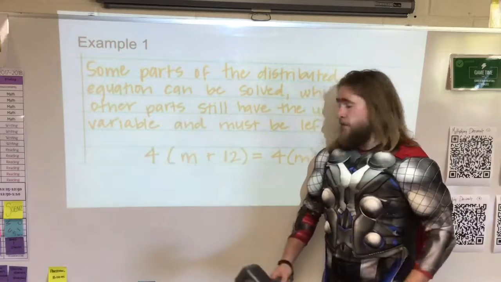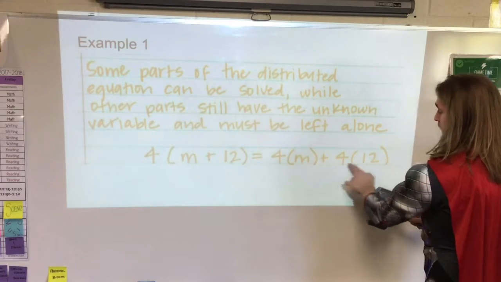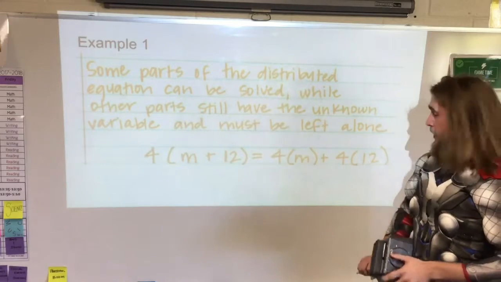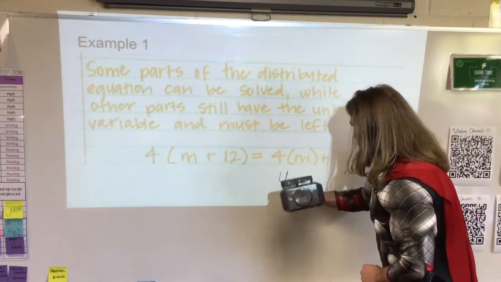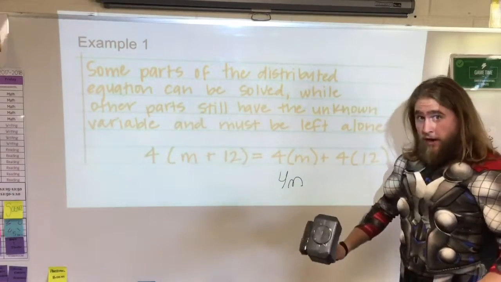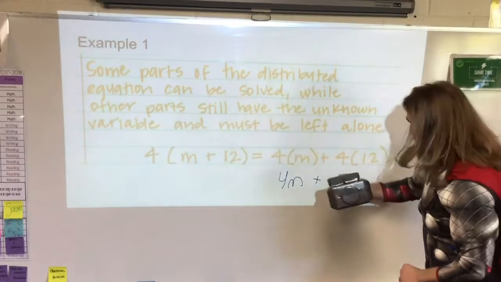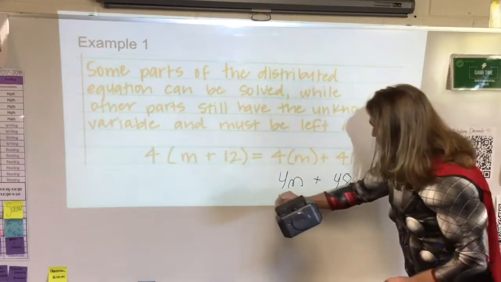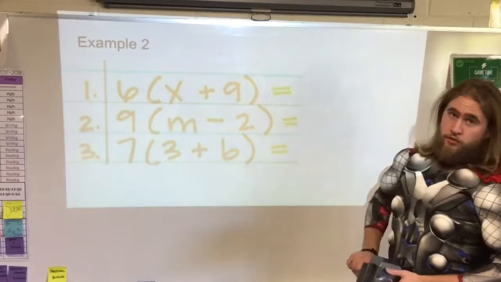By using the distributive property, we can say 4 times m plus 4 times 12, and we can break down the equation a little bit further. So 4 times m is the same as 4m plus 4 times 12, which is 48. And this is our final answer. So this is example 2.